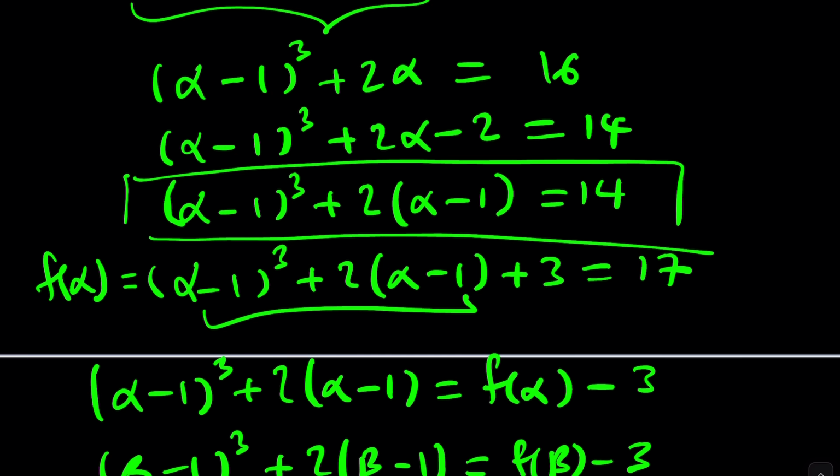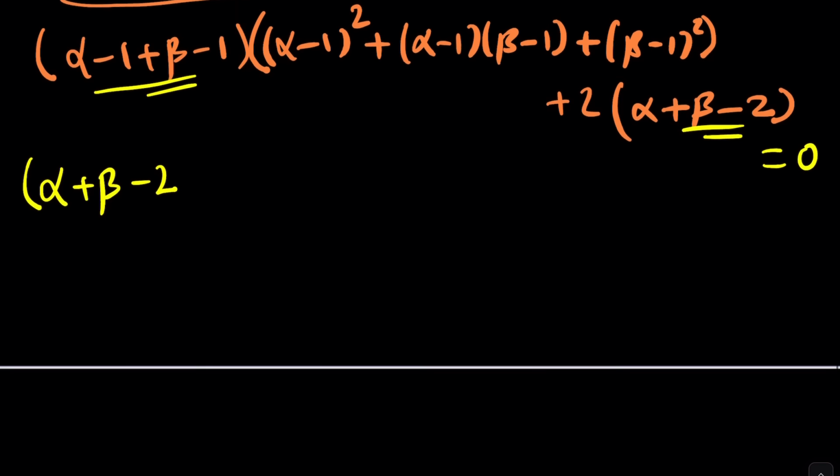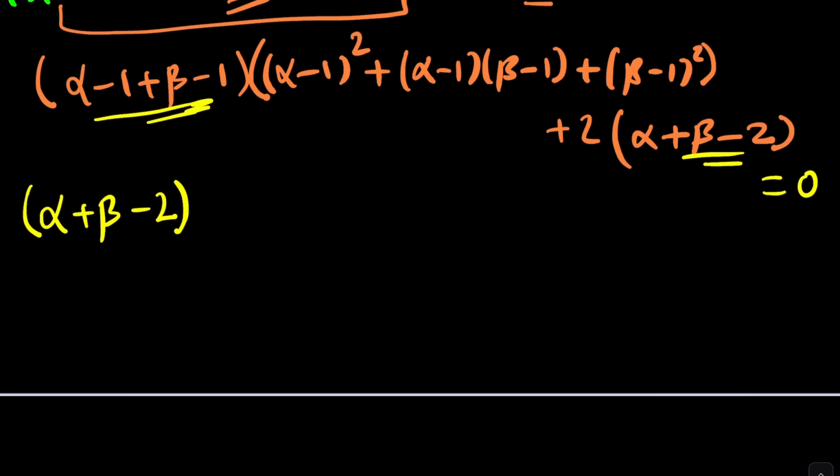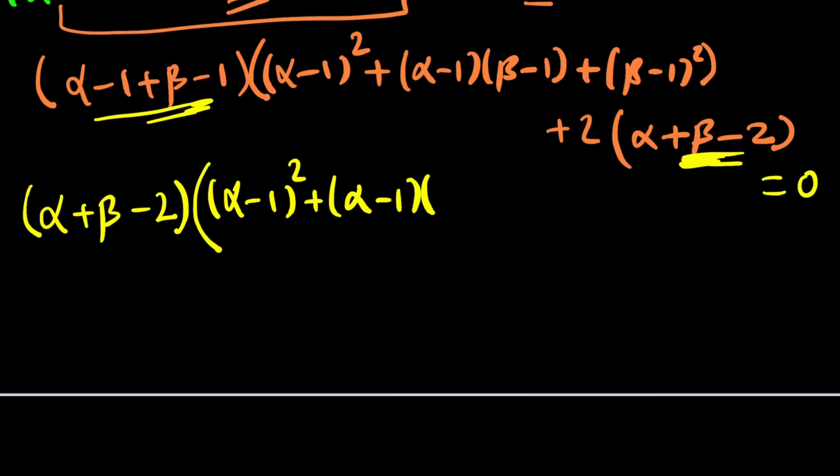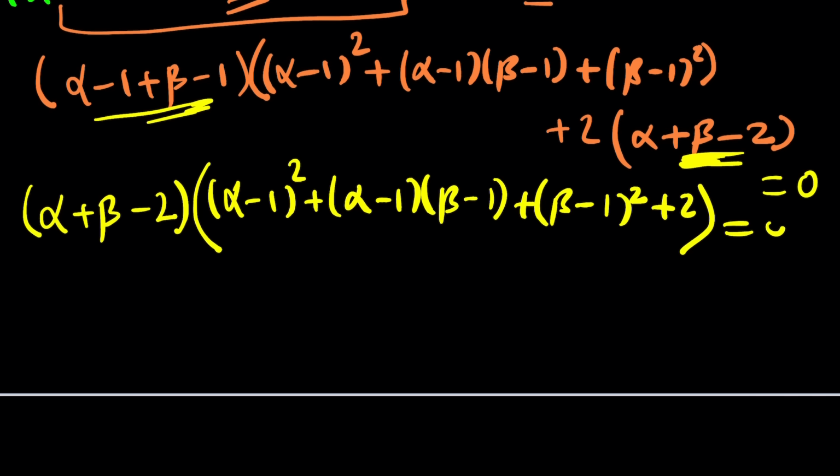That's a common factor. And then the other factor is going to look like this. Alpha minus 1 squared plus alpha minus 1 times beta minus 1 plus beta minus 1 squared plus 2. And the whole thing is equal to 0.